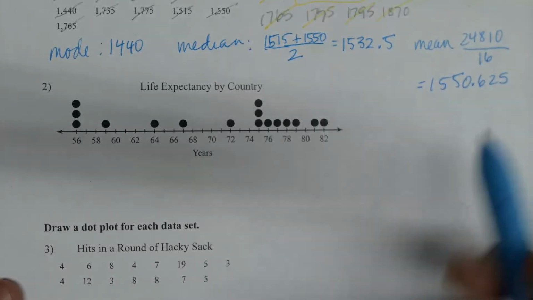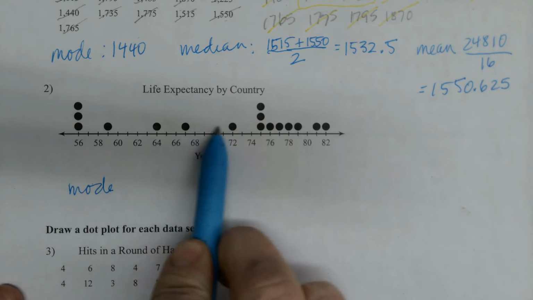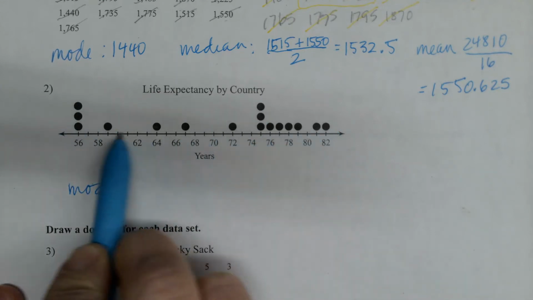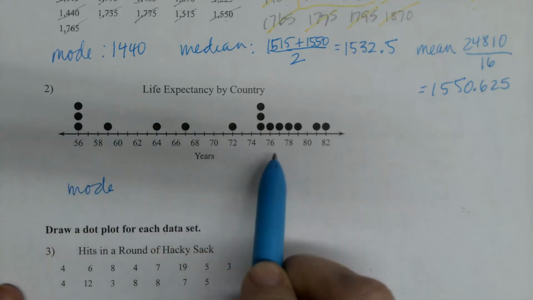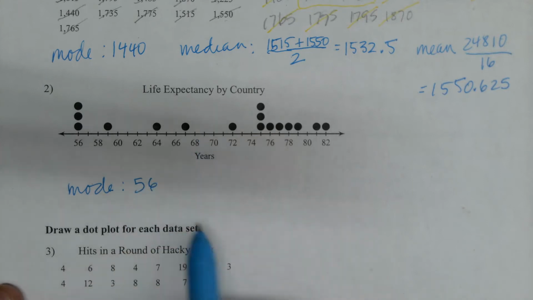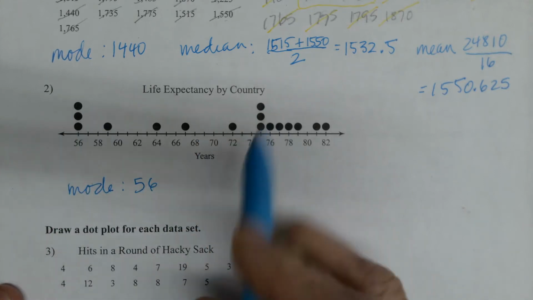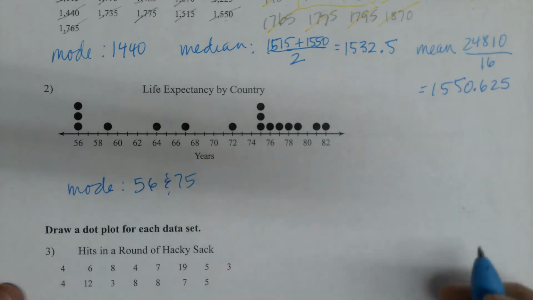And so my mode just ends up being the tallest part. And so you have to make sure when you make these that your dots are all the same size. In this case, I have 2 modes, and that's not unheard of. It's called bimodal. I have 3 dots on top of 56 and 3 dots on top of 75, so my mode is both 56 and 75.